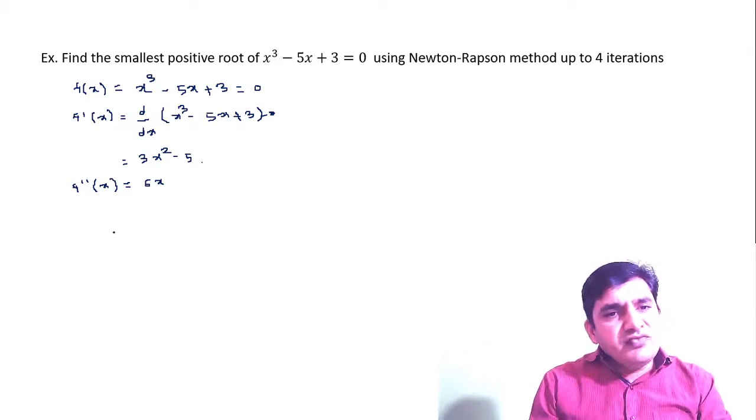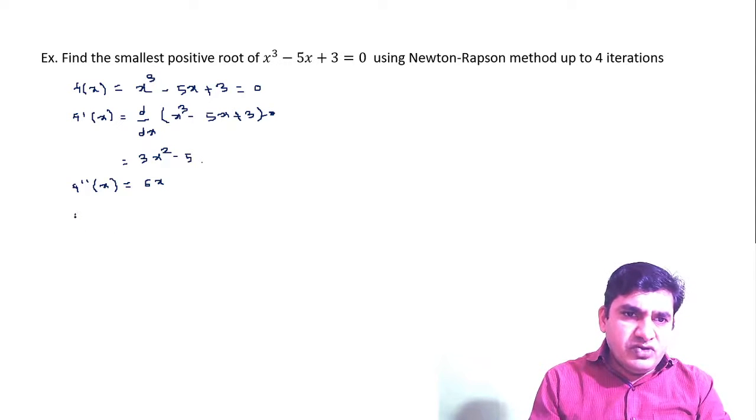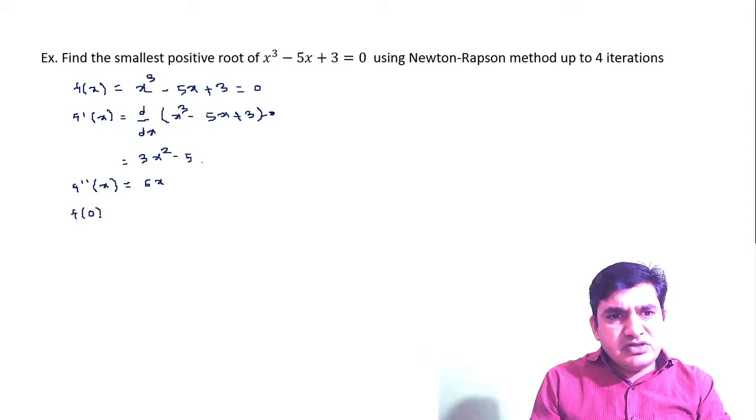When we put the value of x as 0, we get f of 0 equal to 0 cube minus 5 into 0, that is 0, plus 3. So it is equal to 3.